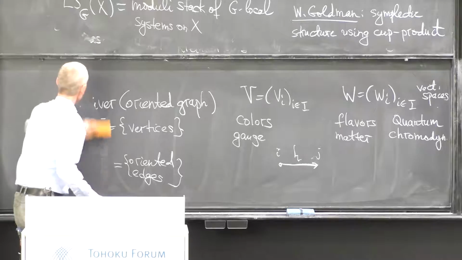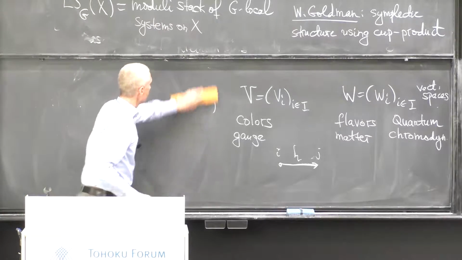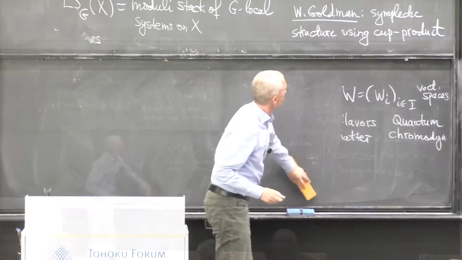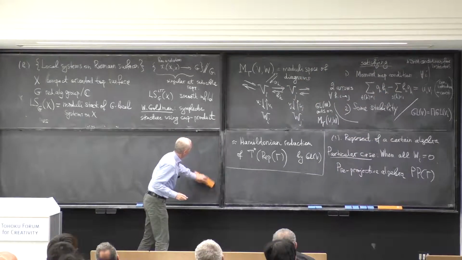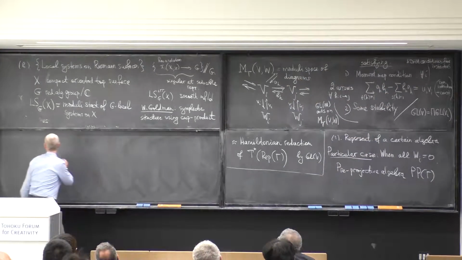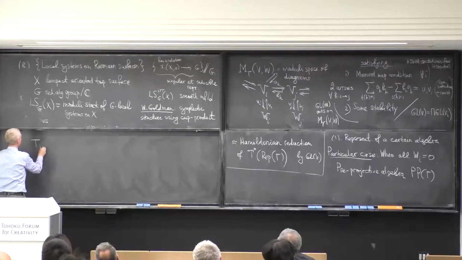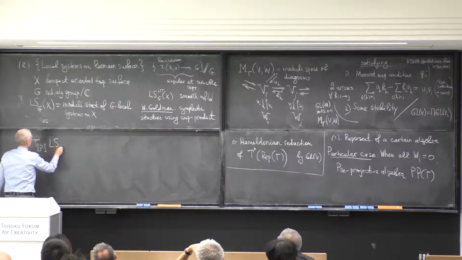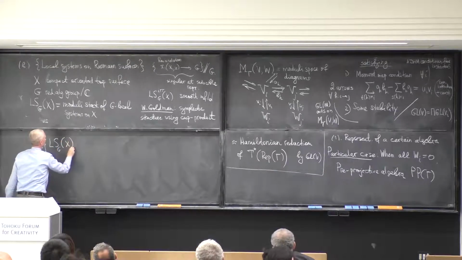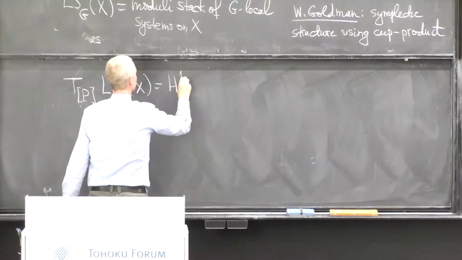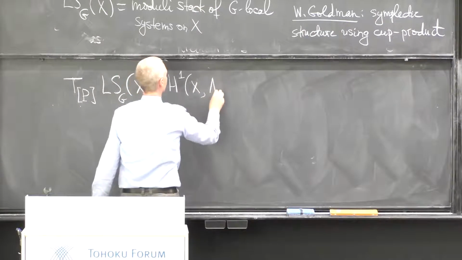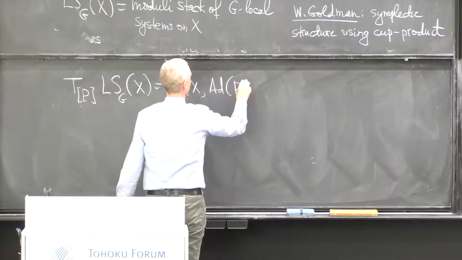This means that we interpret the tangent space to the moduli space by deformation theory, and it is a certain H1. We can say the tangent space at a point represented by ρ of LS_G(X) equals H1 of X with coefficients in the local system ad ρ.